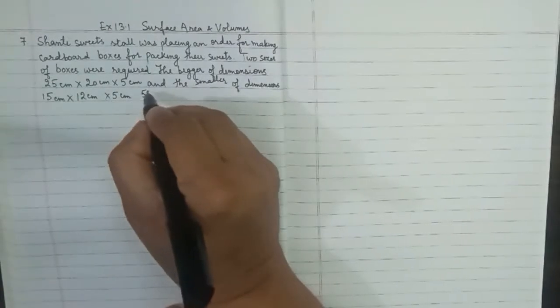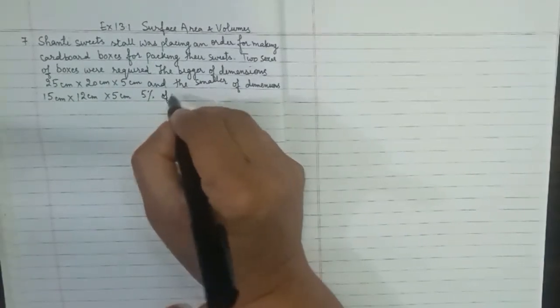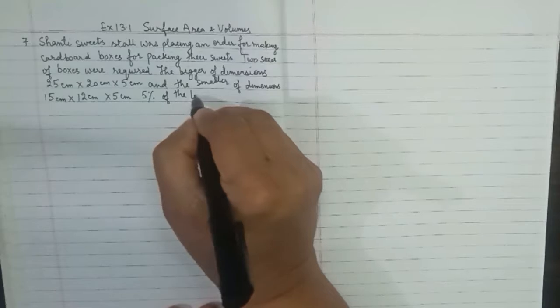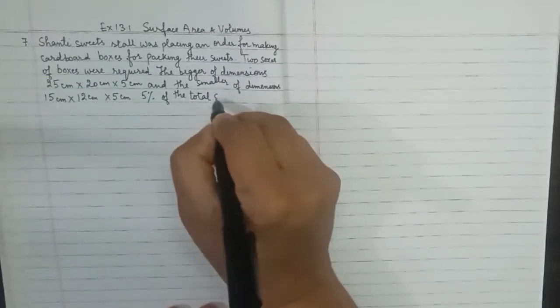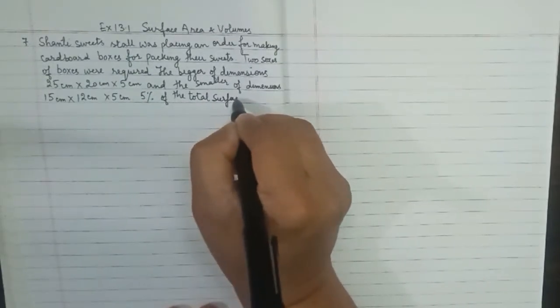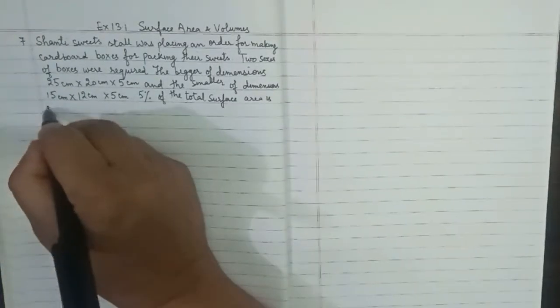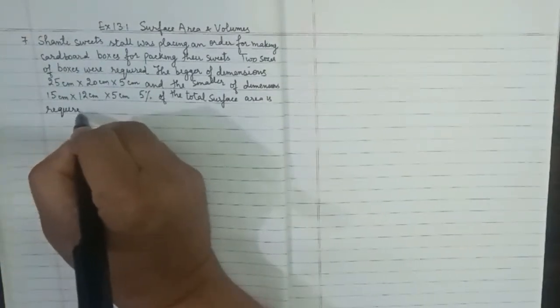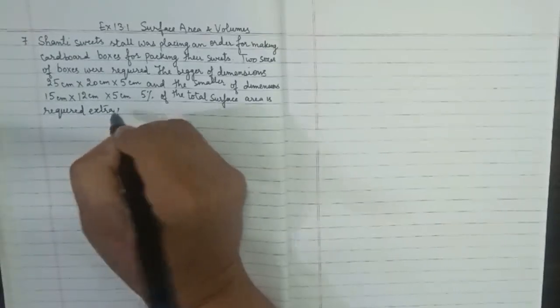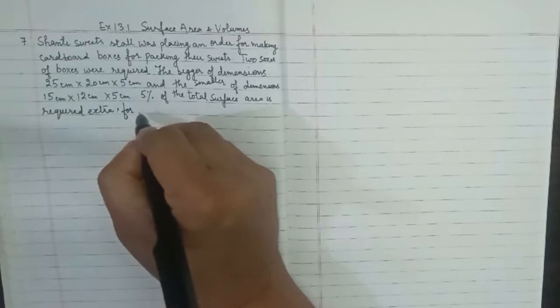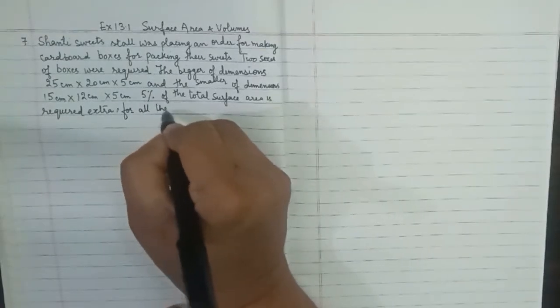Now 5% of the total surface area is required extra for all the overlap.